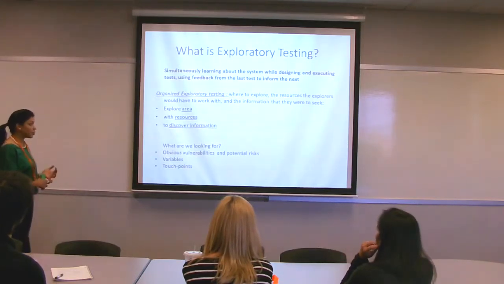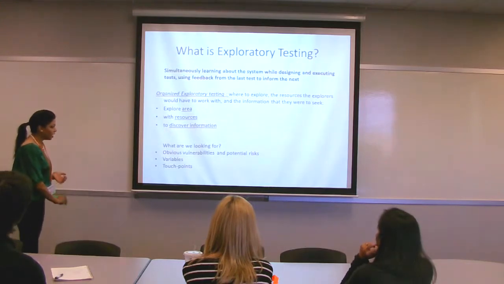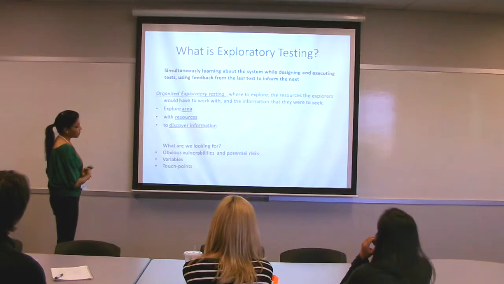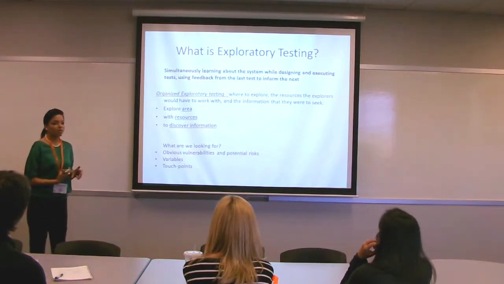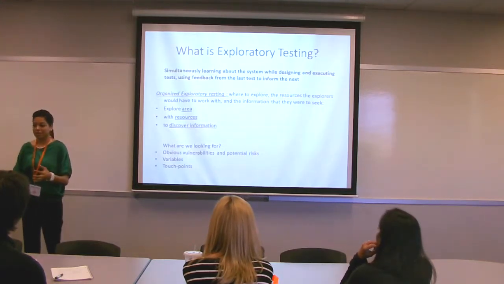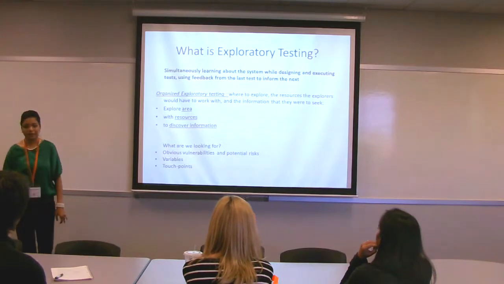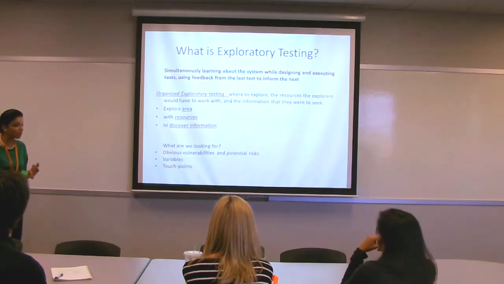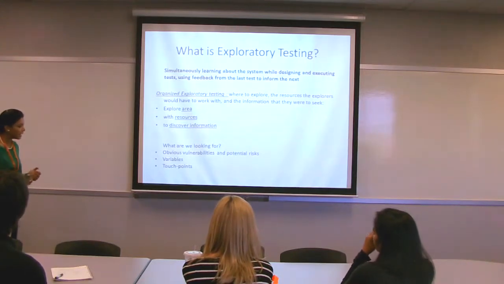In exploratory testing, what we are looking for is obvious vulnerabilities and potential risks. Automation testing, regression testing, your normal manual testing, all that is very structured and you know what you're testing. But with exploratory testing, you're looking at where is the most risk? How do I break the application?